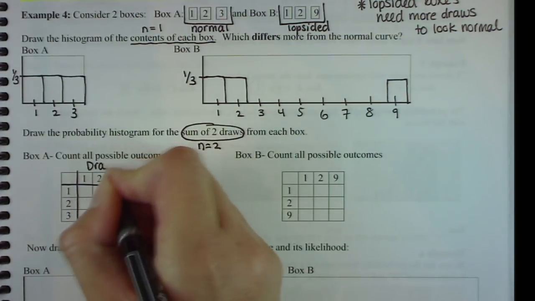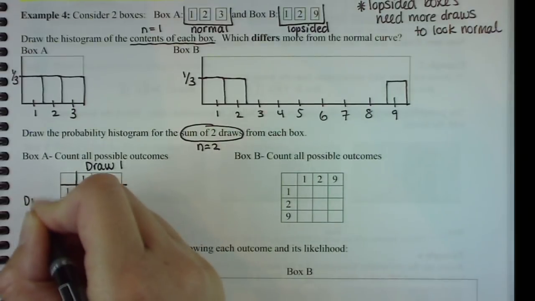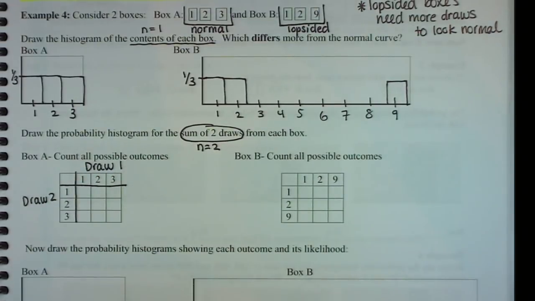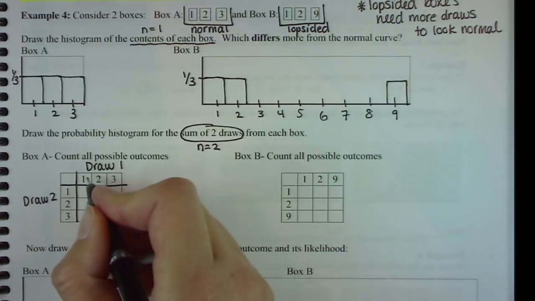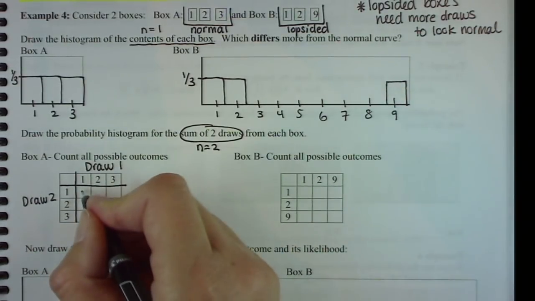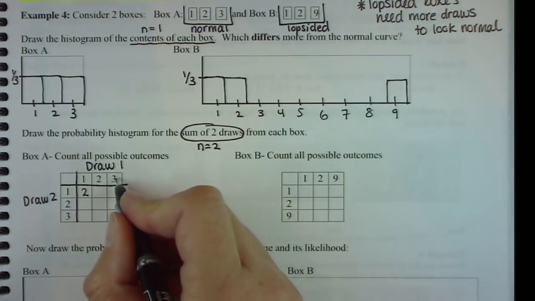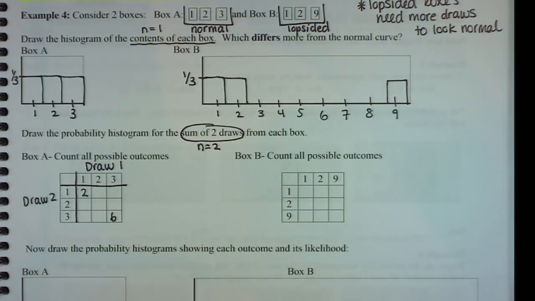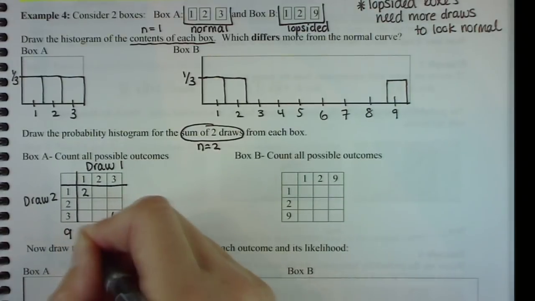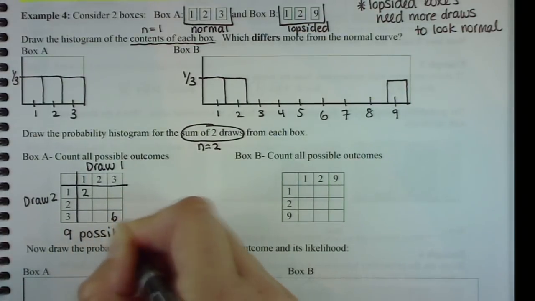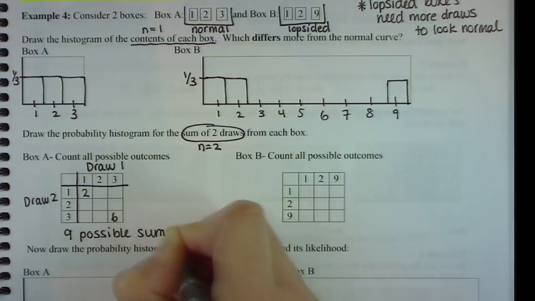Here's draw 1 and here's draw 2. I can get a 1 on both, so my sum would be 2, or the extreme, a 3 on both, so my sum would be 6. And there are 9 possible sums, so I want to fill all of them in.